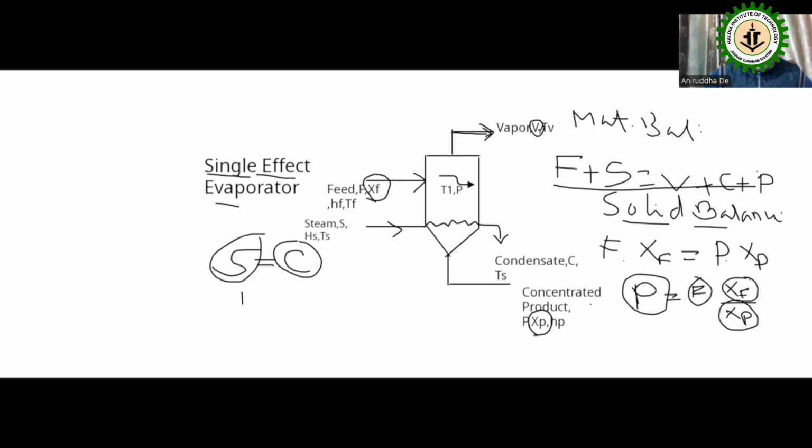F is equal to V plus P, or we can write V is equal to F minus P. This tells how much vapor is produced. Instead of P, we can put F into XF by XP.